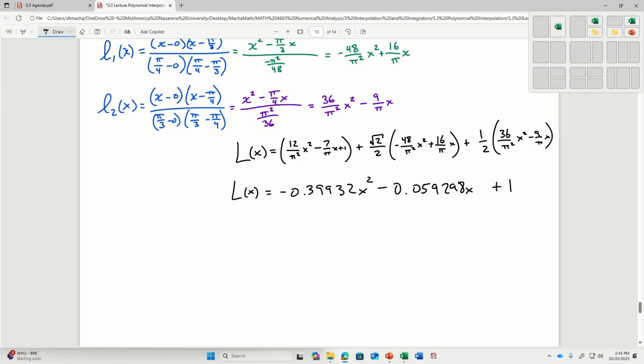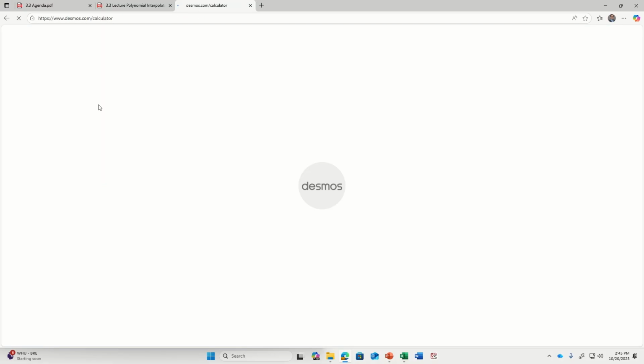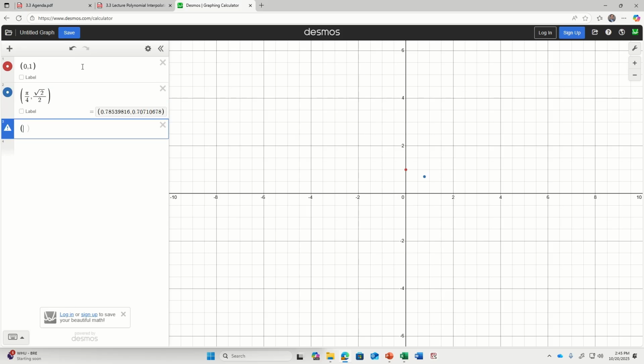So this is how you check your answer. You say, I can plug that into Desmos, and we do. We say the points I was trying to go for were 0, 1, then pi over 4, square root 2 over 2, and pi over 3, 1/2.